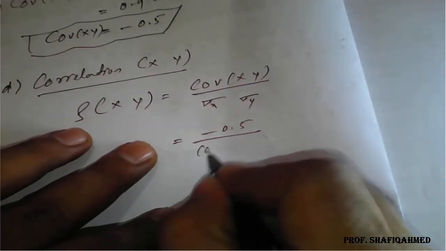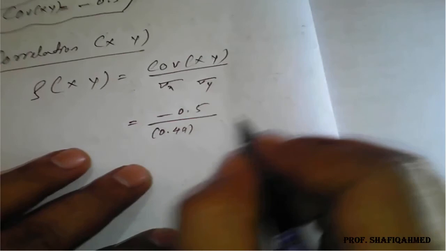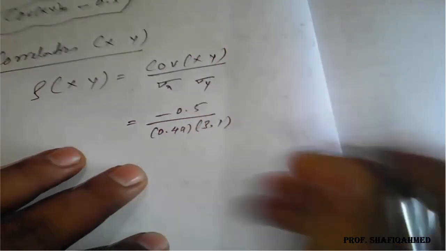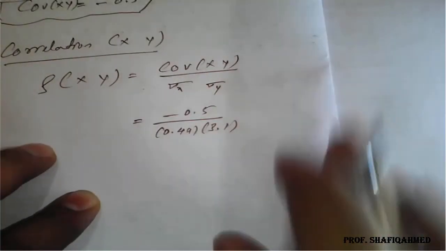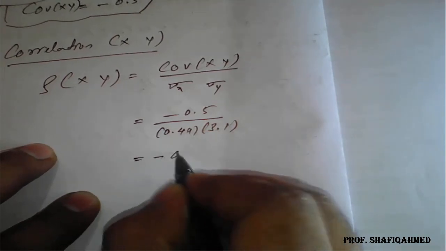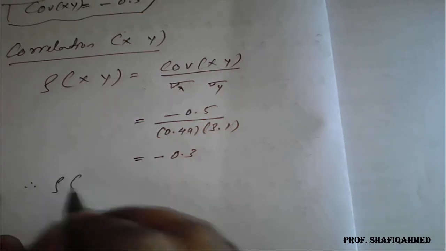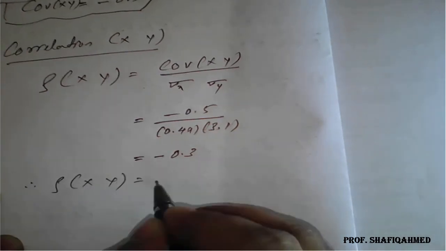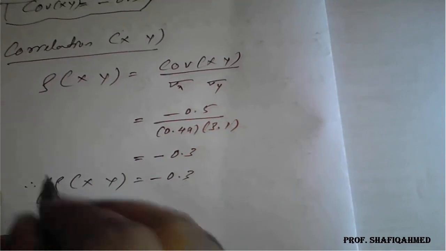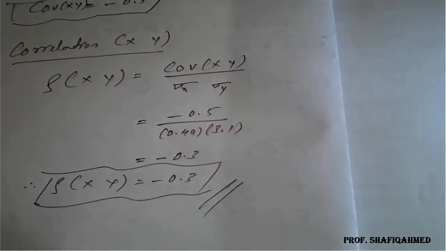You enter here 0.49 and 3.1. On simplification we'll get minus 0.3. Therefore correlation of xy is minus 0.3. So in this way we need to complete the examples based on joint probability distribution.